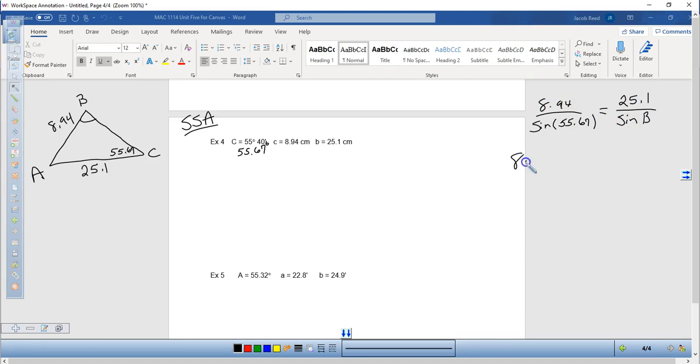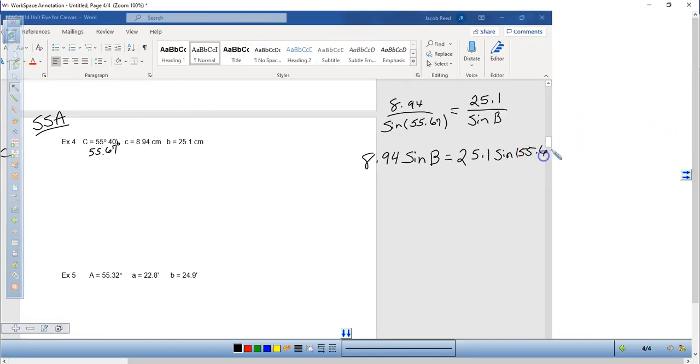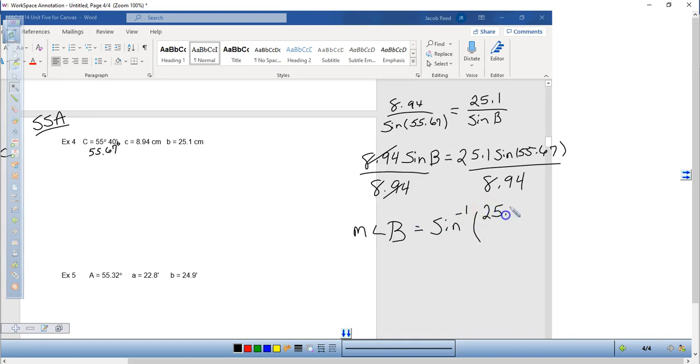Cross multiply. Divide. And take the sine inverse. All right, so we'll type that in right now.